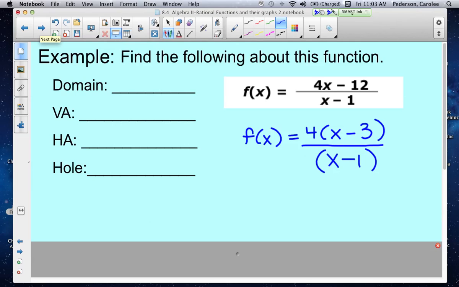The domain. Remember, the domain focuses on the denominator and what the restriction would be. So in that denominator, x minus 1, what can x not be? If I substitute a 1 into that function, it would make it undefined.